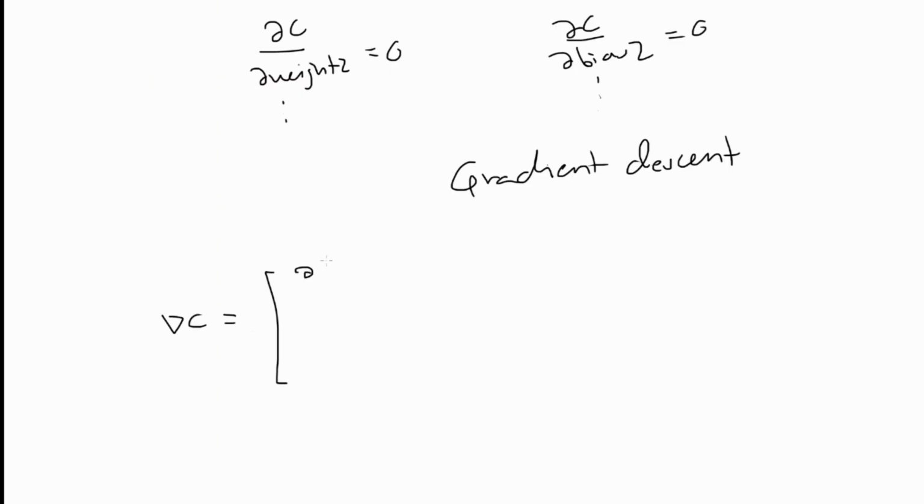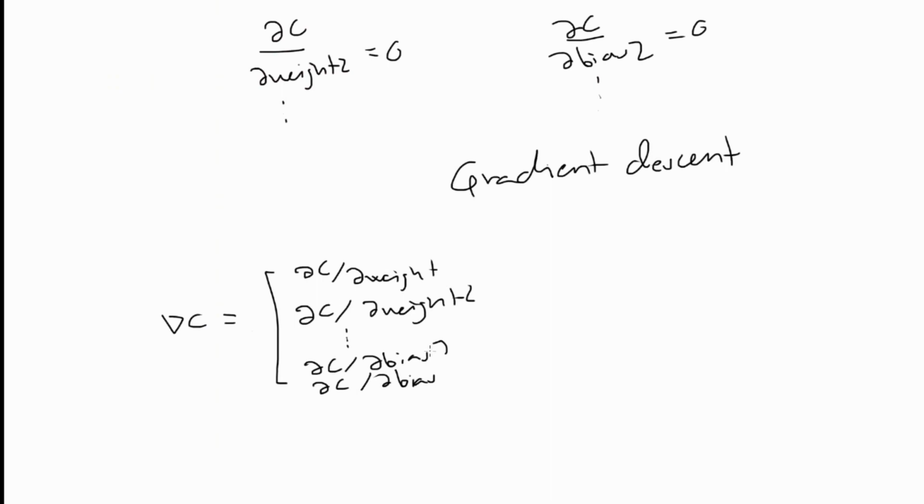So it would be partial derivative of C with respect to weight 1, partial derivative of C with respect to weight 2, and so on. And then we'd also include all the bias derivatives. So we would have the partial derivative of C with respect to bias 1, and a partial derivative of C with respect to bias 2, and so on.